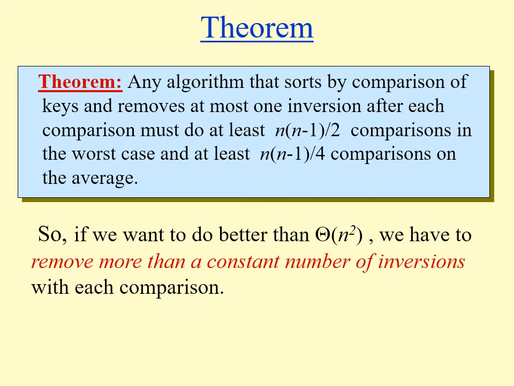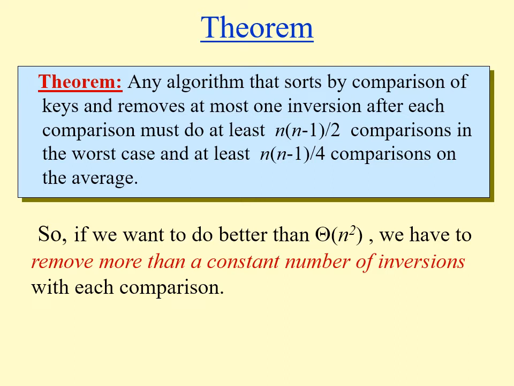So if you want to improve this algorithm, what you need to do? You need to reduce the number of comparisons, correct? So what we can do is that each time during one comparison we clear more inversions, then we can reduce, correct? We can reduce the complexity, reduce the number of comparisons needed.